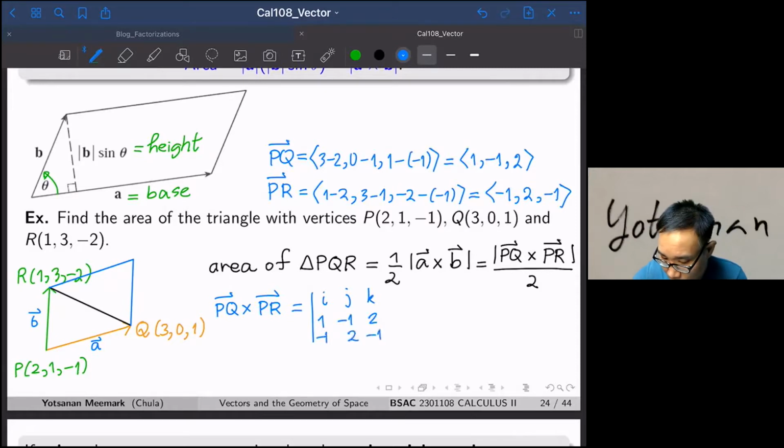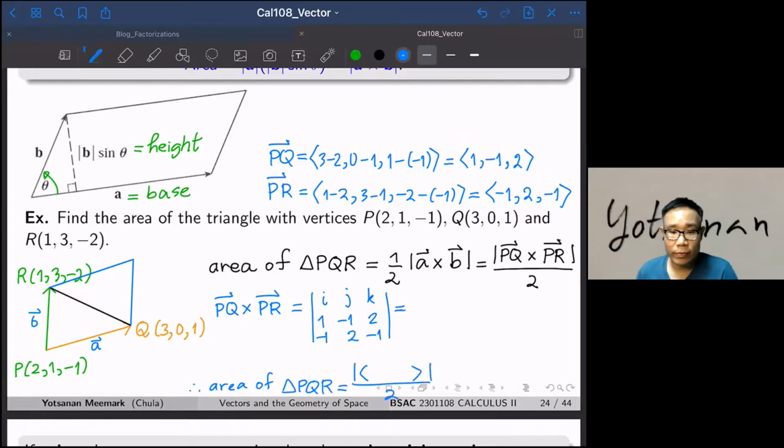You're going to compute this cross product for me, and you're going to conclude the area of the triangle PQR. So it's going to be the norm of the thing that you get here, divided by 2.